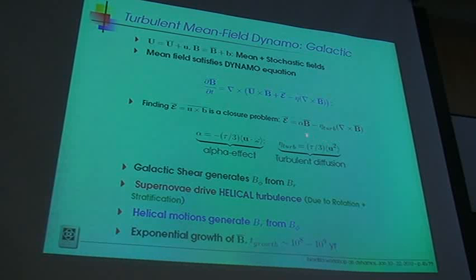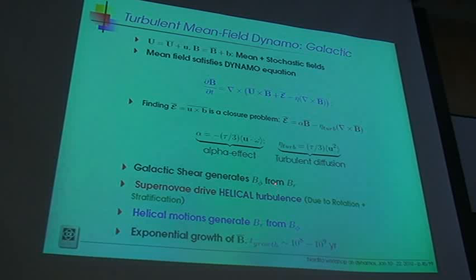And this first term is what we have been calling the alpha effect. Under some approximation, it depends upon helicity in the turbulence. And this second term is what we have talked about as the turbulent diffusion. In the context of the galaxy, as Anwar will explain in detail, the galactic shear generates the B phi from the B R. You could call these toroidal and poloidal.